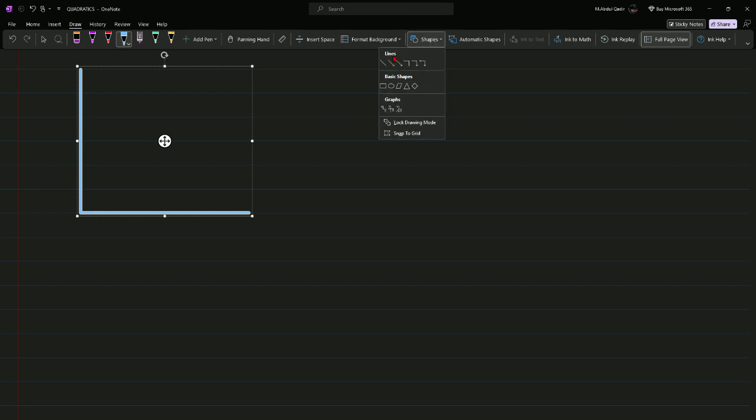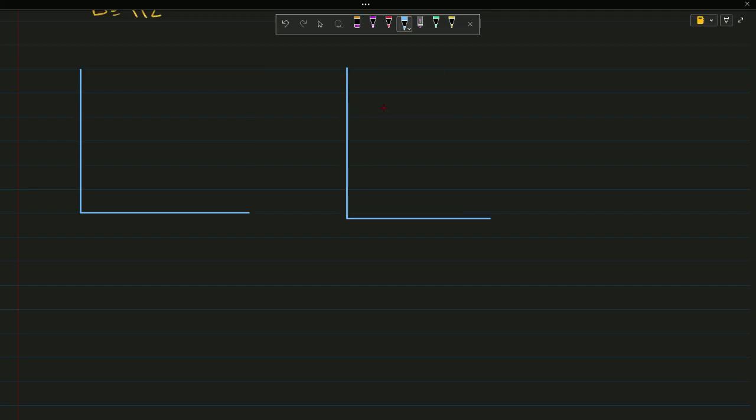quadratic graph. I will just draw two graphs here, but one would have a coefficient of x square which would be greater than 0, and the second one would have the coefficient of x square which would be less than 0. Now what happens if it's greater than 0 and less than 0?